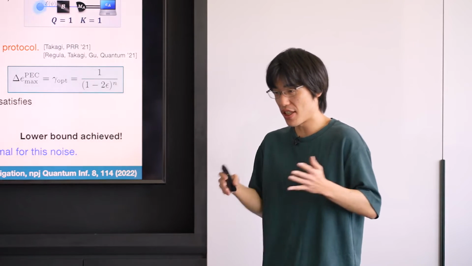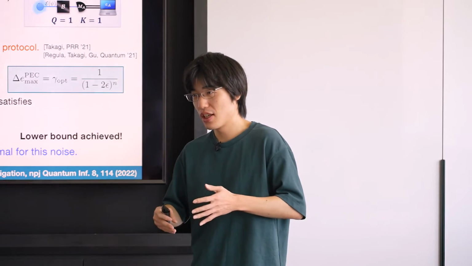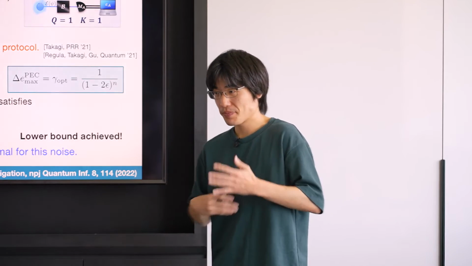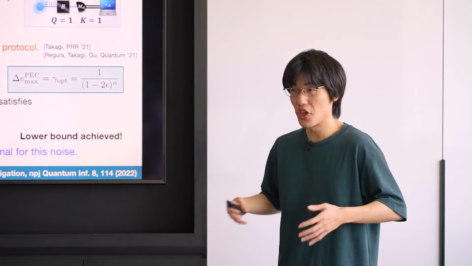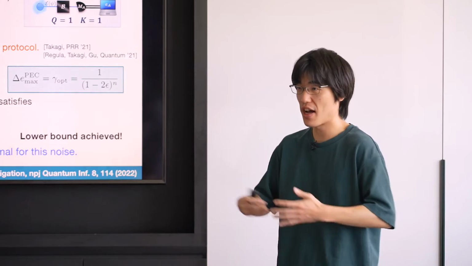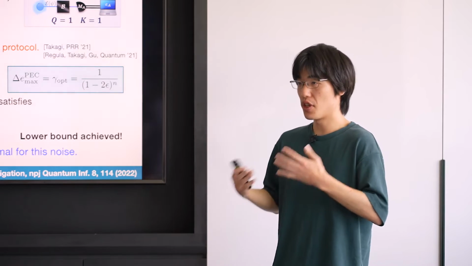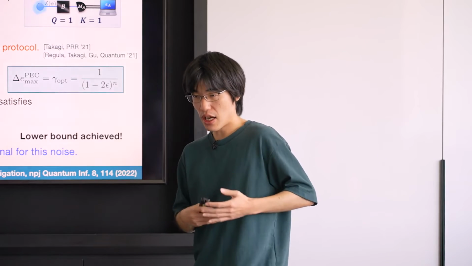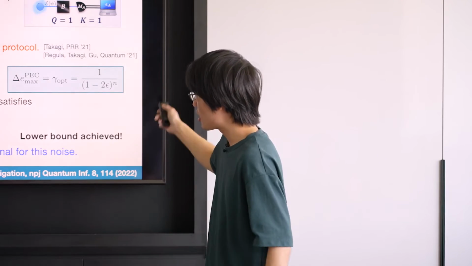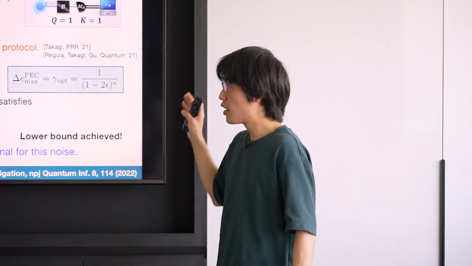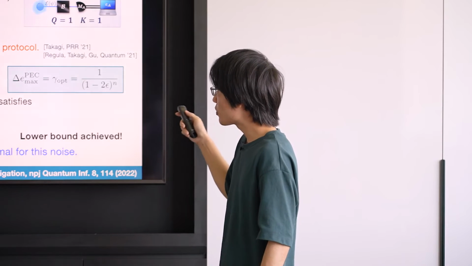Because if you can say that in some sense it is optimal, then you're good theoretically. But to say something about the optimality of a specific protocol, we need to understand general error mitigation protocols. This was also the motivation of our work, and this gives you at least one way of looking at this kind of optimality argument.